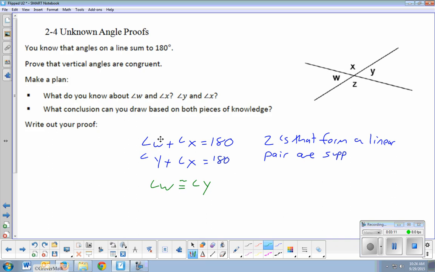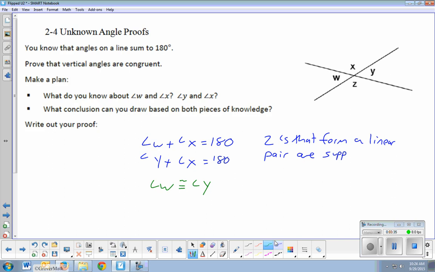Well, if W plus X is 180 and Y plus X is 180, you could rewrite this a little bit to solve for W. I could say W equals 180 minus X and Y equals 180 minus X, and if they equal the same thing, then they must equal each other.